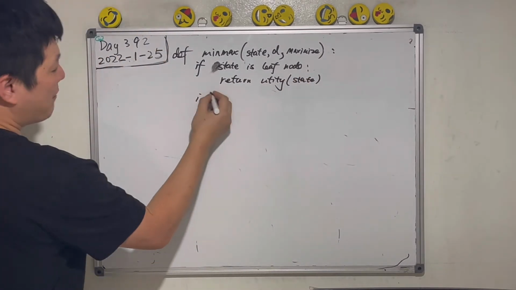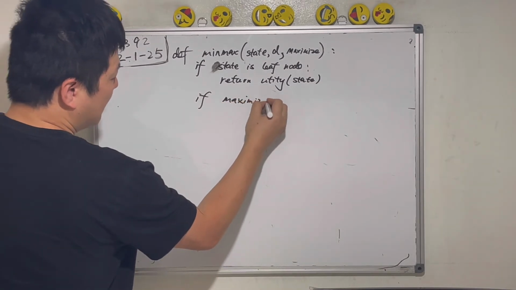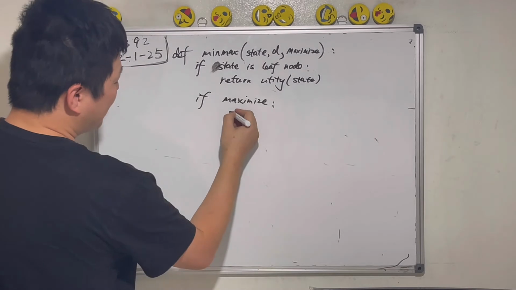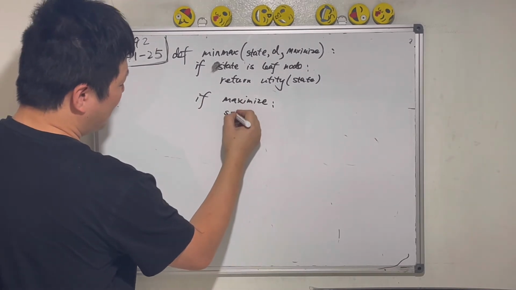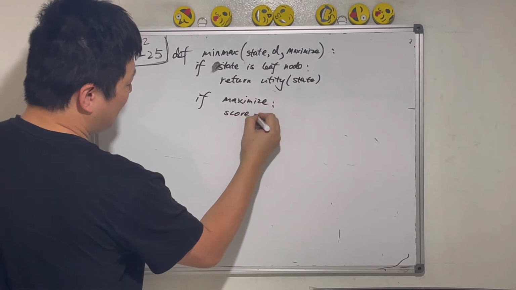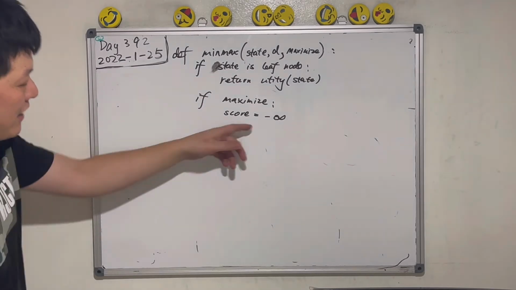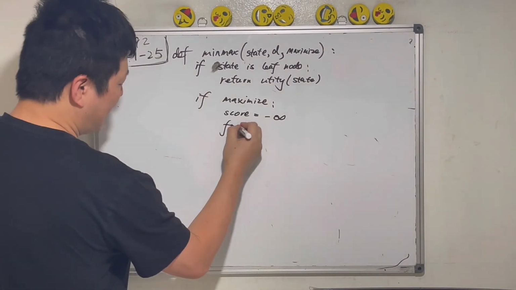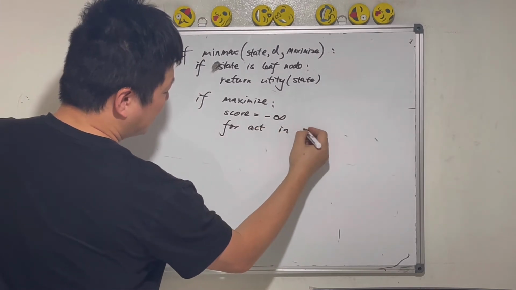Now look, if we are maximizing, then we need to go through the actions. We have a current score, so we set score equal to negative infinity at the beginning, and then we go through the actions: for action in self.actions.